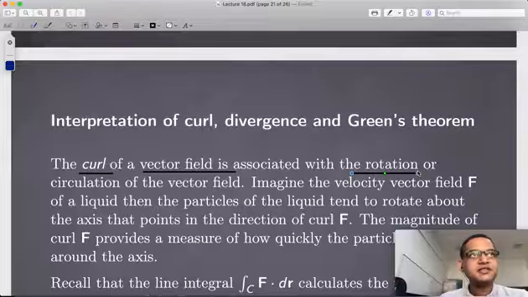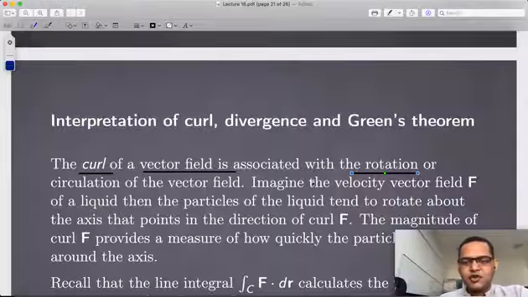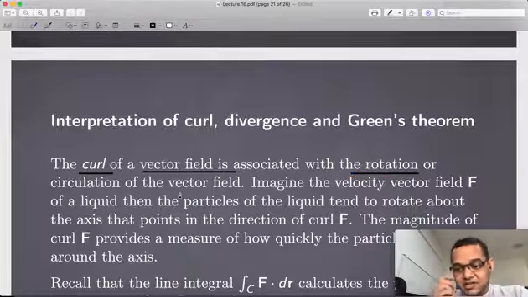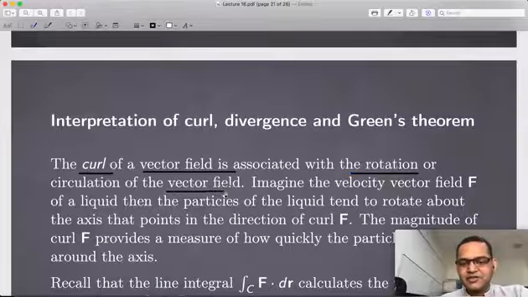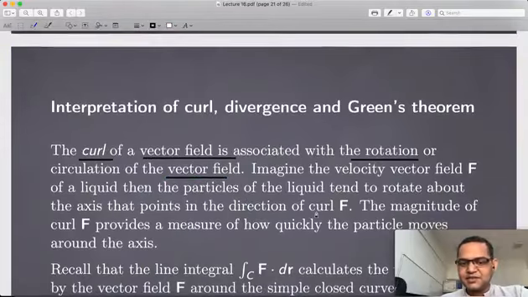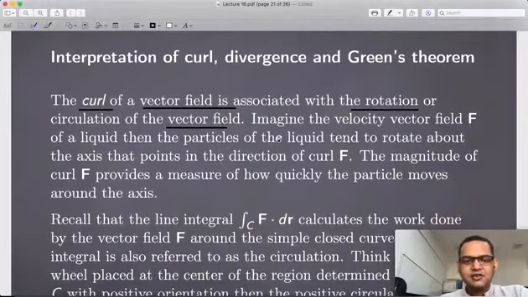Imagine a liquid flowing, and if you want to study the rotation or the circulation of the vector field generated by that, the velocity vector field, then the idea of curl comes in. Okay, and I'm going to tell you how it relates things. So let us take a velocity vector field of a liquid flow.